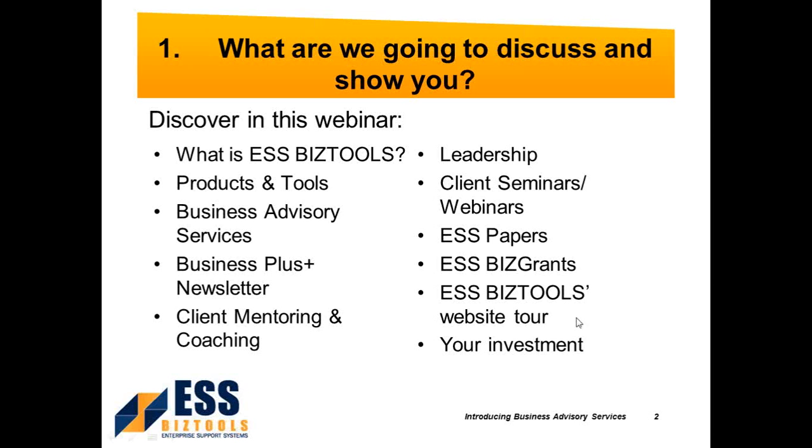And we have our affiliated product, ESS BizGrants, which is accessible by a separate website, which assists small, medium enterprises to have grants identified for them by their accountants. And the investment in a gold subscription to ESS BIZTOOLS is $2,700 plus GST.